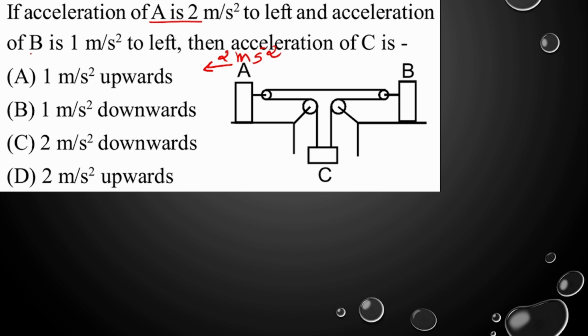Acceleration of B is 1 meter per second square leftwards, in this direction 1 meter per second square, and acceleration of C is upward, downward, I don't know, but I am considering that the acceleration of C is upward. Okay, and that is a small c.